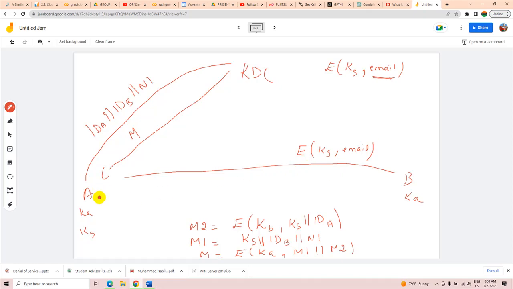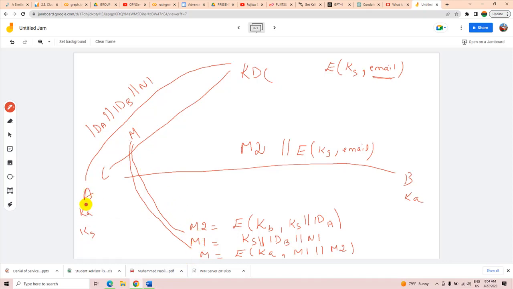But when B receives this, it cannot decrypt it, because it doesn't have the session key. So A will send the message M2, because the KDC sent M, and inside M you have M1 and M2.